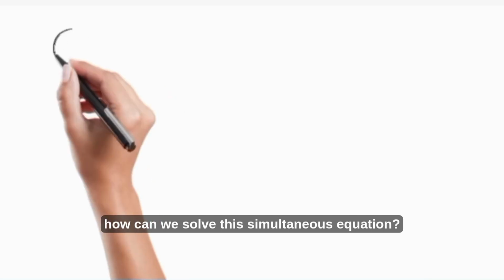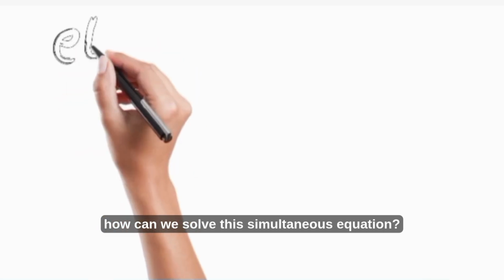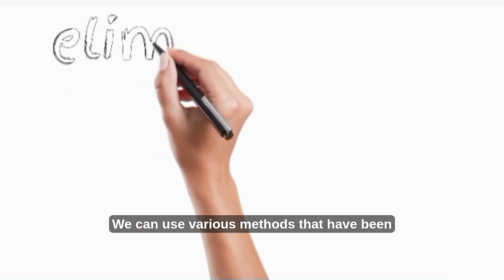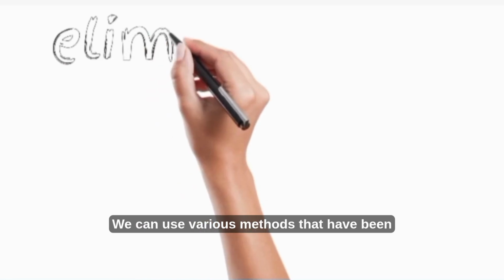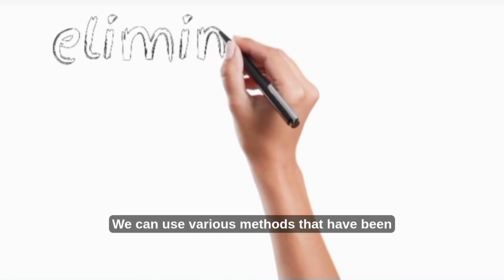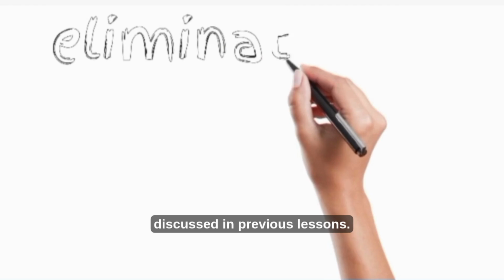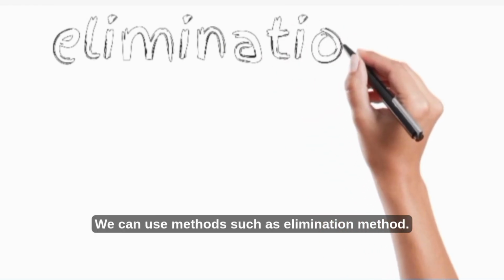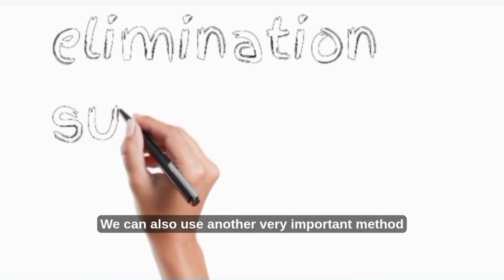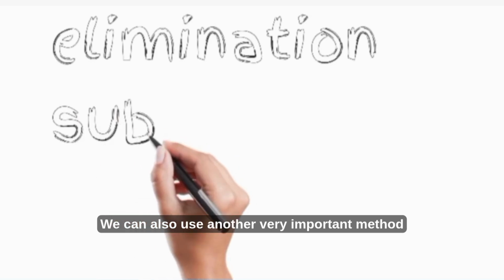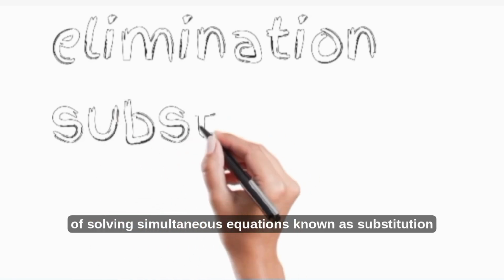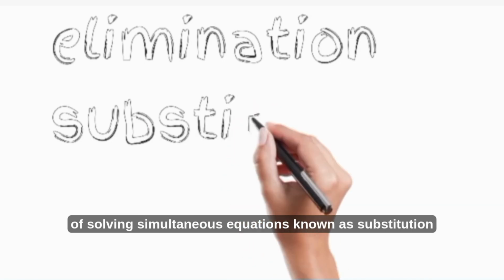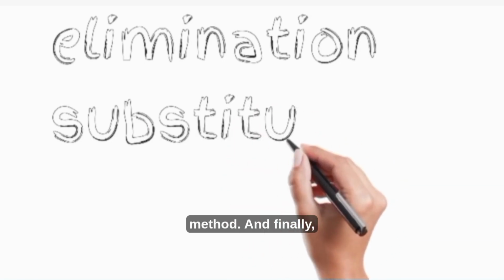Now, how can we solve this simultaneous equation? We can use various methods that have been discussed in previous lessons. We can use methods such as the elimination method. We can also use another very important method known as the substitution method.